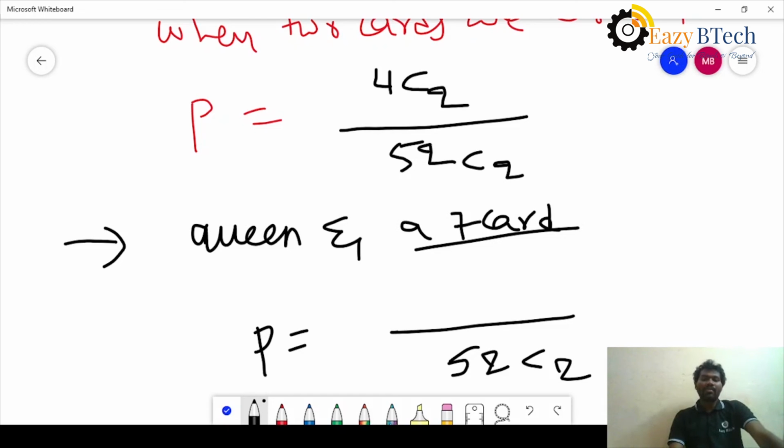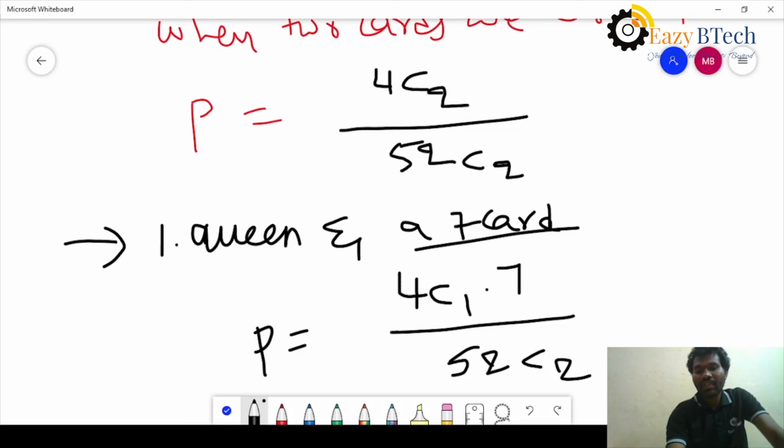But in the numerator, you have to get one queen card and one seven card. You have four queen cards, out of which you select one, and four seven cards, out of which you select one. So the probability is 4C1 into 4C1 divided by 52C2. Based on the given problem, the probability changes accordingly.